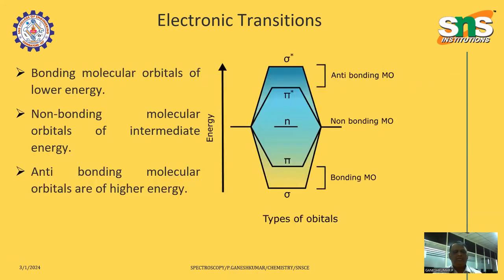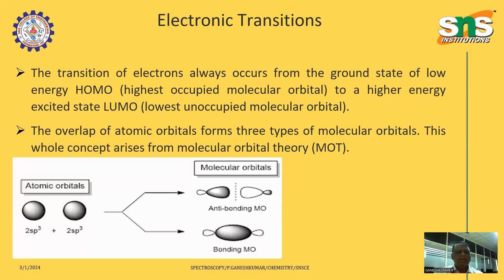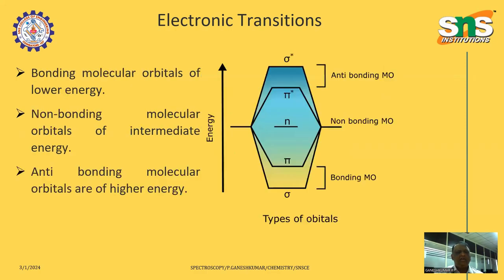So that is what we represent here: bonding molecular orbital and anti-bonding molecular orbital. The energy of anti-bonding molecular orbitals will be high, and the bonding molecular orbital energy will be less. So the overlapping of atomic orbitals will form these molecular orbitals, which are of types bonding, non-bonding in the intermediate, and anti-bonding of a higher energy level.